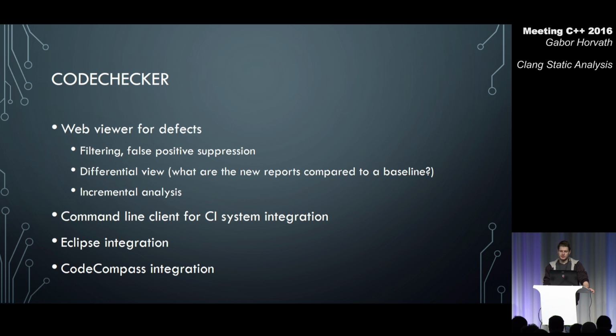And it also supports incremental analysis and makes it easier to integrate these tools into your build system. It can be integrated into the CI loop using command line tools or into Eclipse and into CodeCompass, which is a tool to help you read the code. So it's basically a code comprehension tool, and I definitely recommend you to check it out.